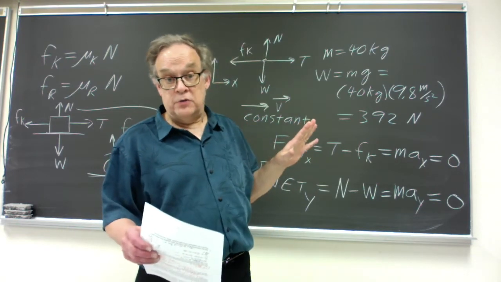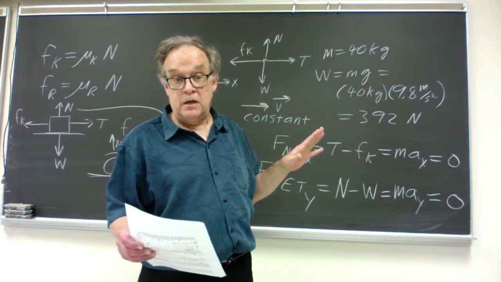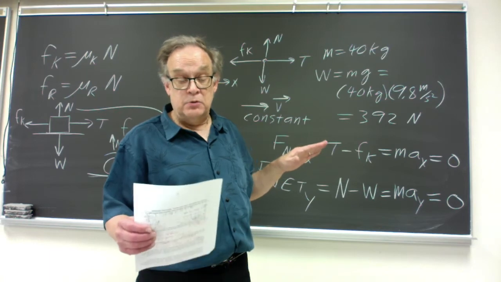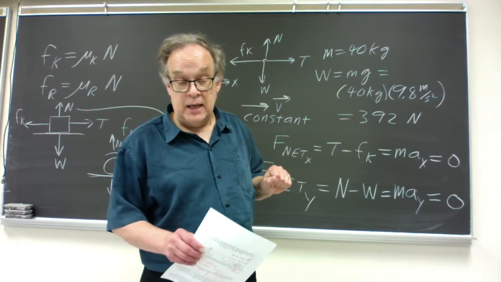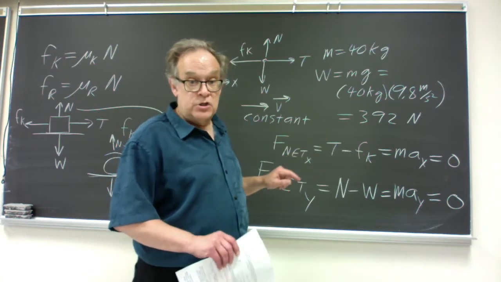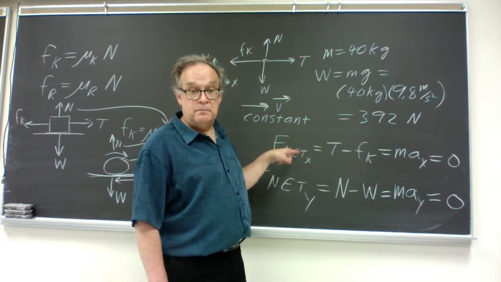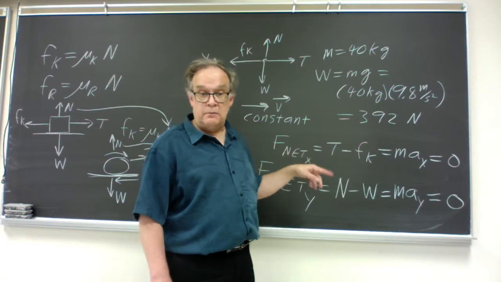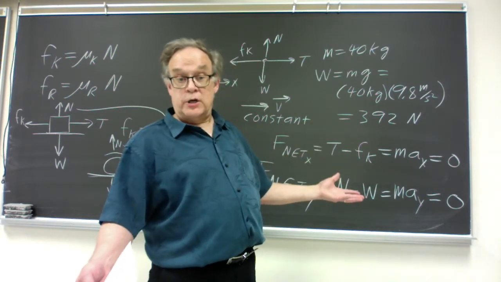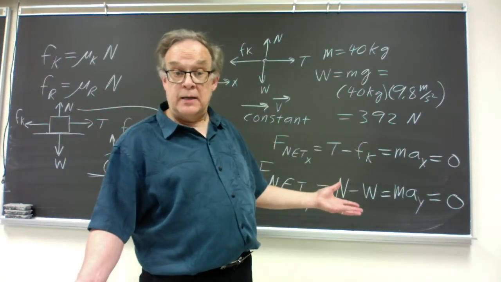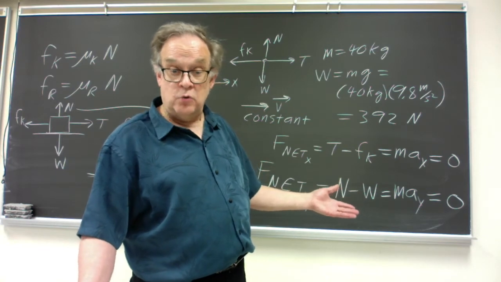Our goal here is to figure out exactly what the coefficient of friction is between the bottom of the crate and the floor. So in the x direction, how do the forces combine? Well, generally speaking, they always combine the same way to give you the net force.